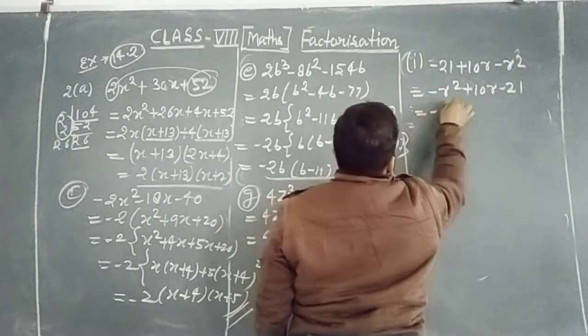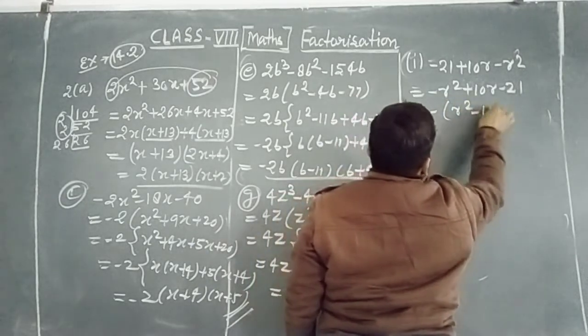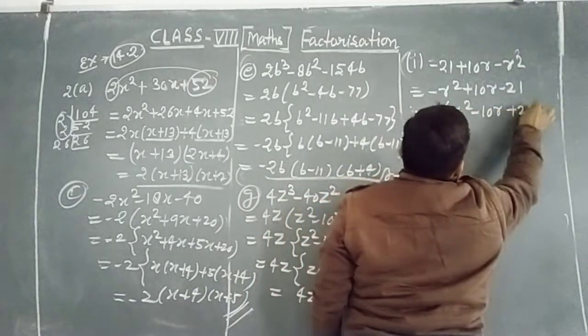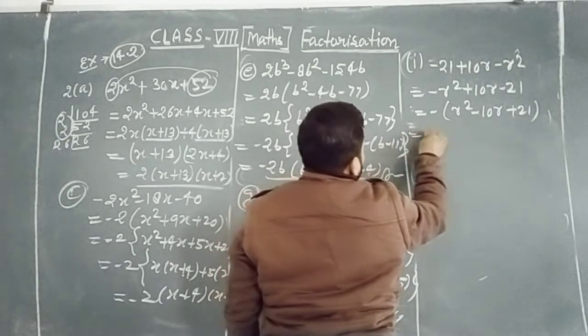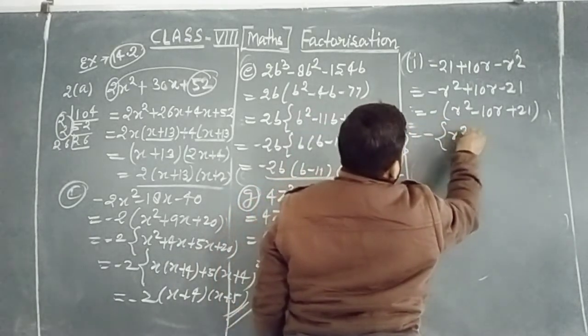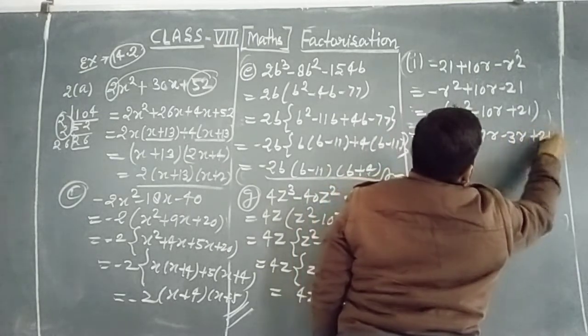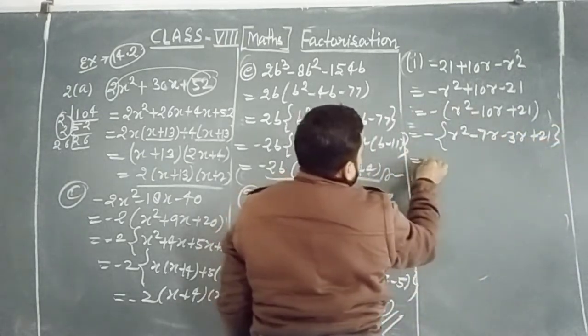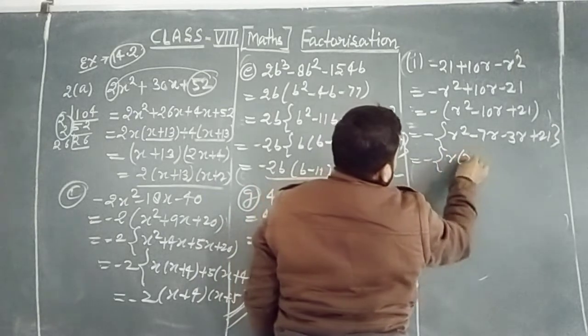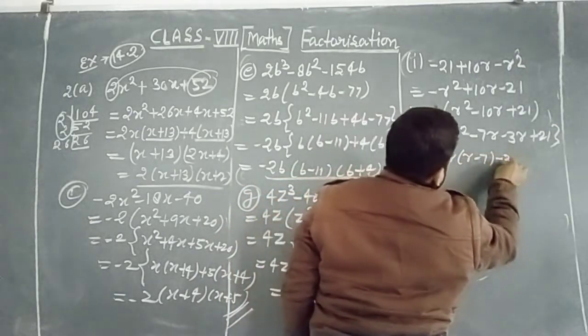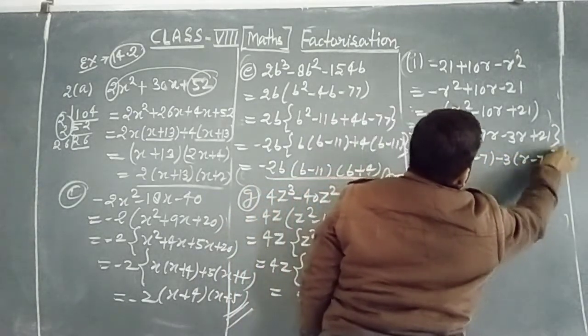Take minus sign common, so r square minus 10r plus 21. So 7 and 3 are 21, r square minus 7r minus 3r plus 21. r is common, r minus 7, and minus 3 is common, r minus 7.